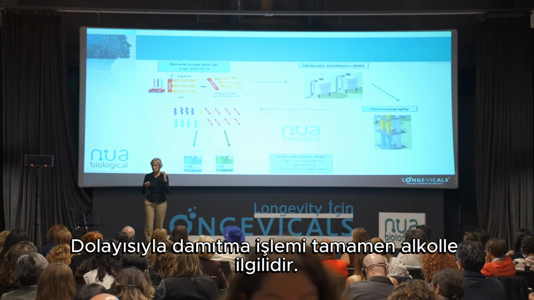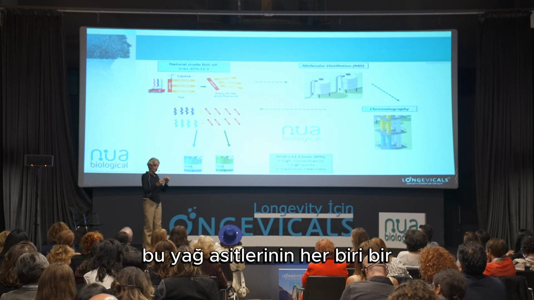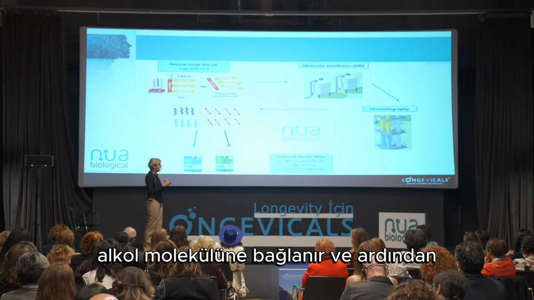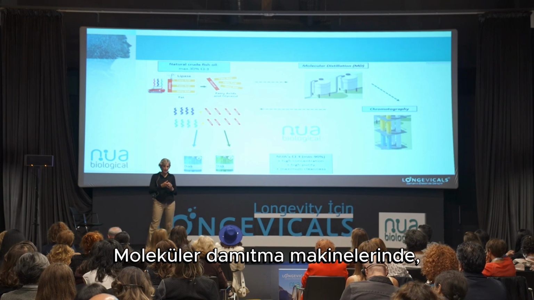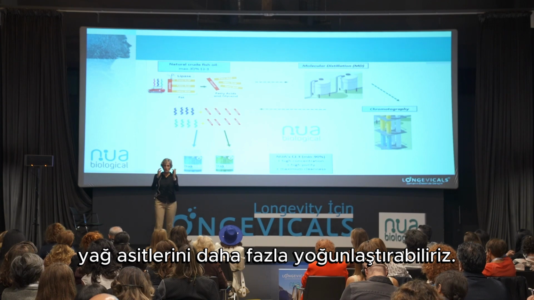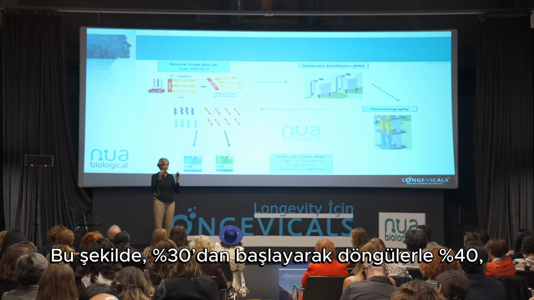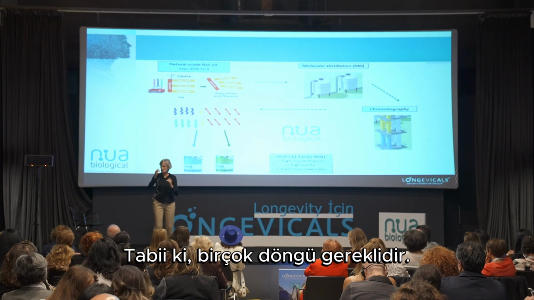So distillation is all to do with alcohol. So through molecular distillation, each of these fatty acids is attached to an alcohol molecule, and then we put it in these machines, and with each cycle of molecular distillation, we can concentrate more and more the fatty acids. So instead of 30%, as we go through cycles, we get 40, 50% omega-3, as many cycles.